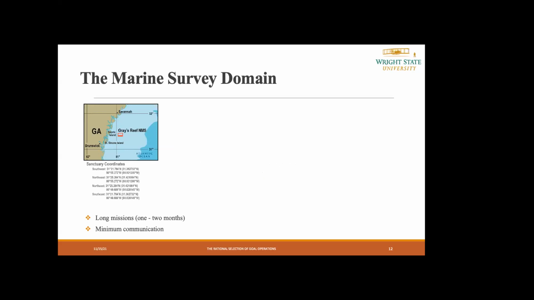There is a Grace Reef National Marine Sanctuary off the coast of Georgia Savannah, where marine scientists catch these fish and tag them with acoustic transmitters and leave them back in the ocean. Here we have several underwater autonomous agents that need to survey the entire region and collect the data regarding the ocean environment as well as the fishes.